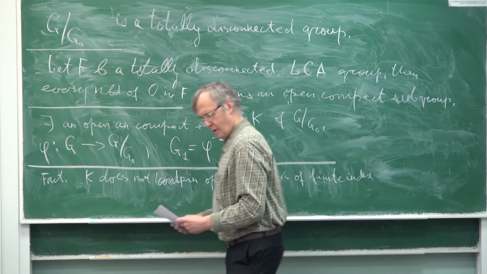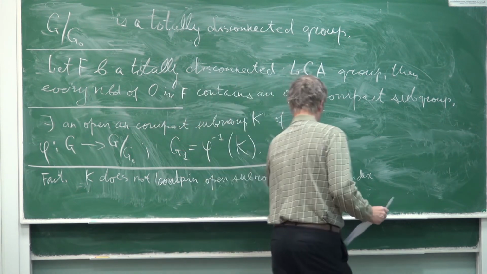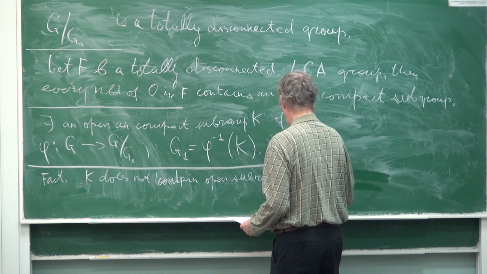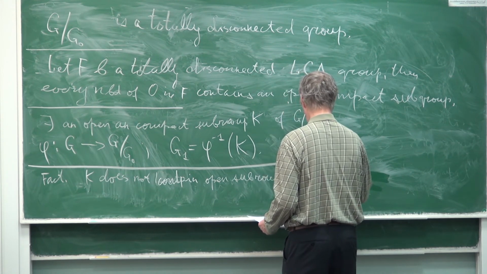Subgroups of finite index surely exist, for example K itself, but not of infinite index.